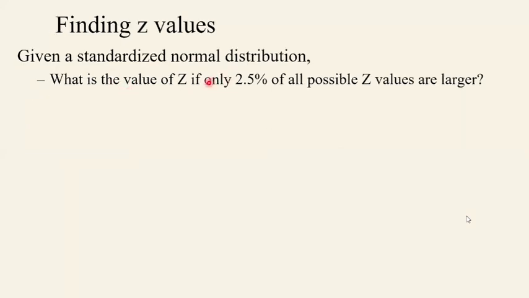So according to this one, first you have to draw the diagram. What is the value of Z if only 2.5% of all possible Z values are larger? Right? So take a rough diagram.